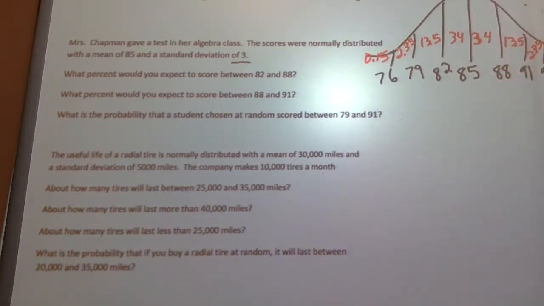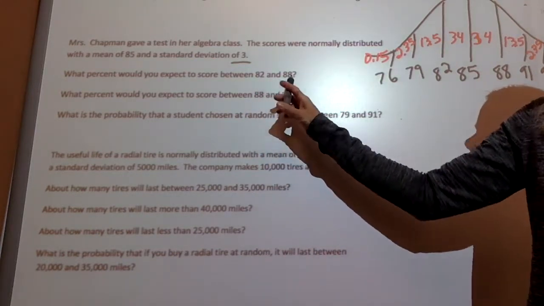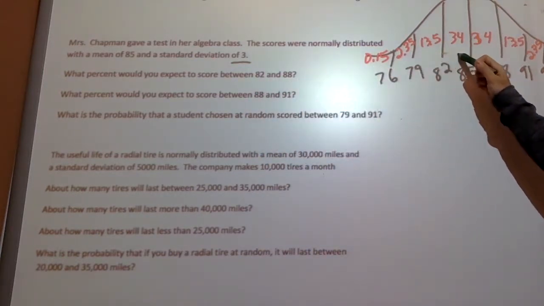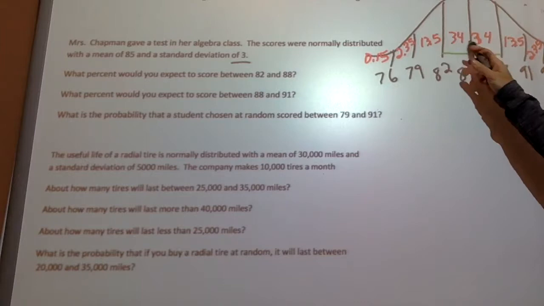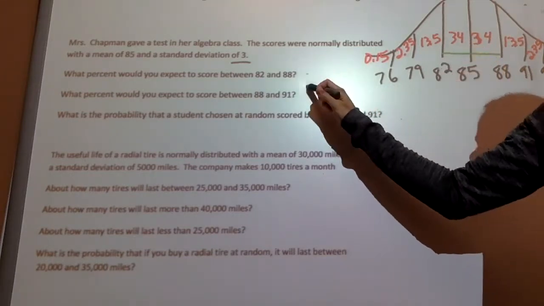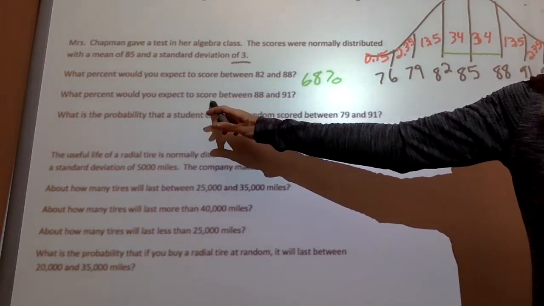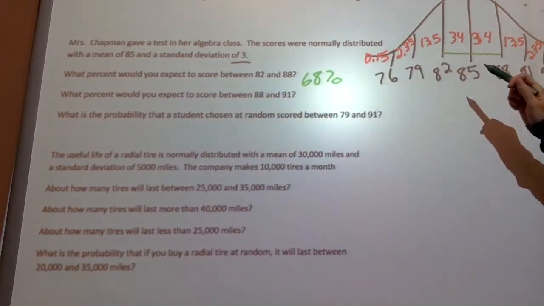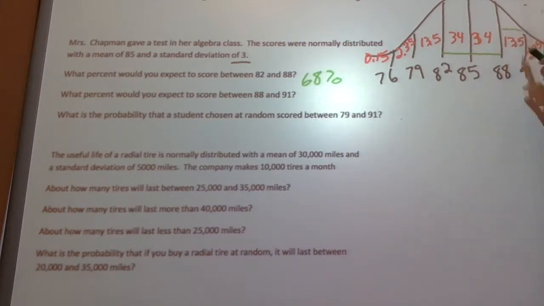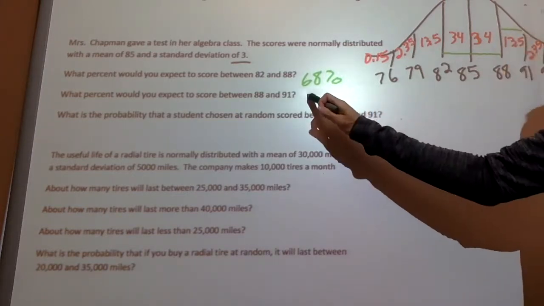What percent would you expect to score between 82 and 88? So between 82, 88, I add 34 plus 34, which is 68%. And it says what percent, so I'm good there. What percent would you expect to score between 88 and 91? So 88 and 91 is just right here. So 13.5%.